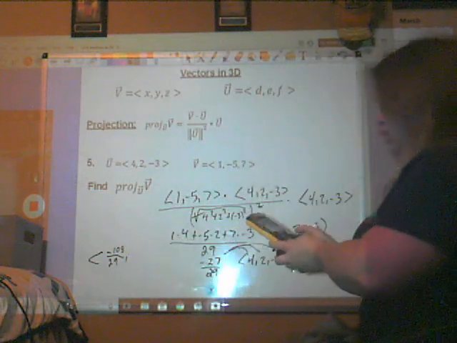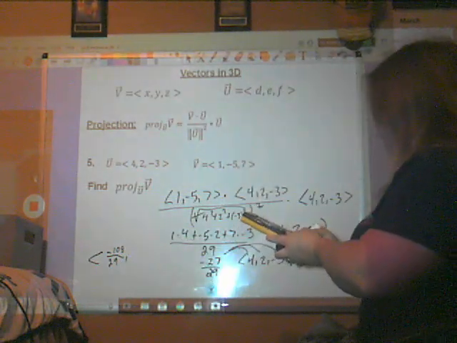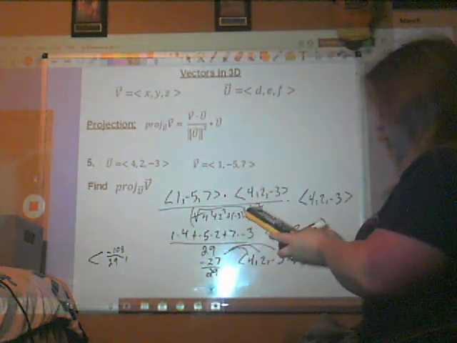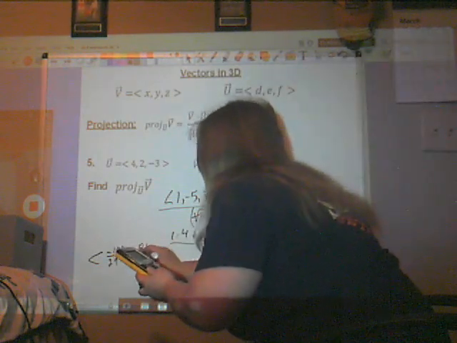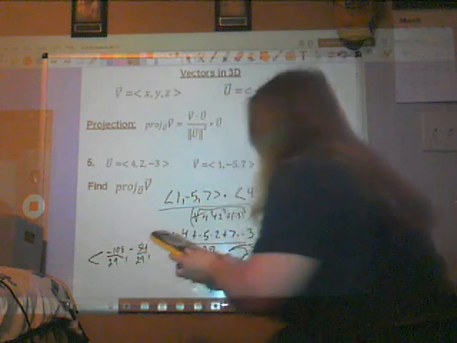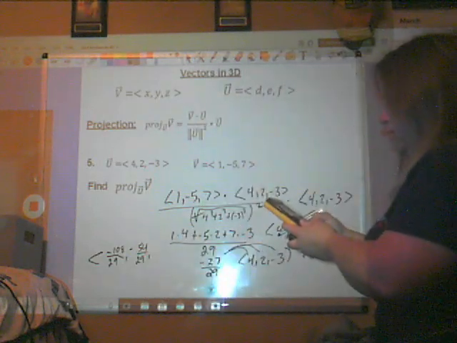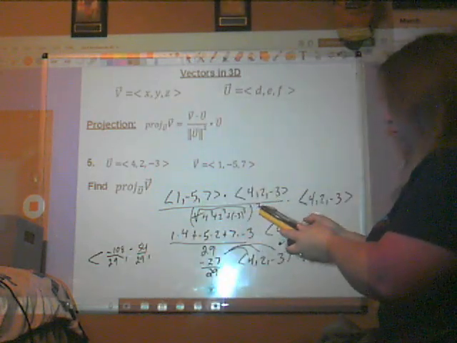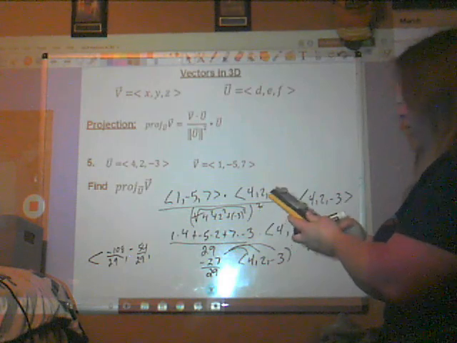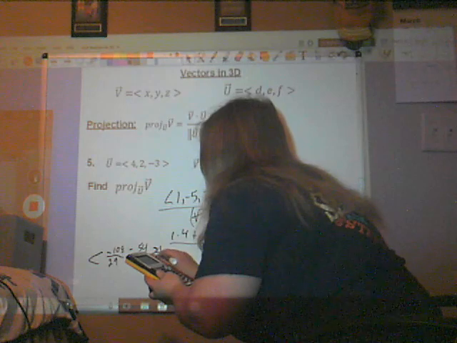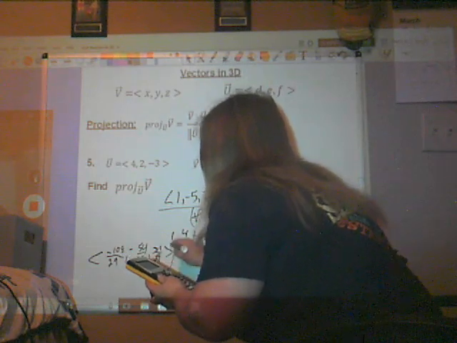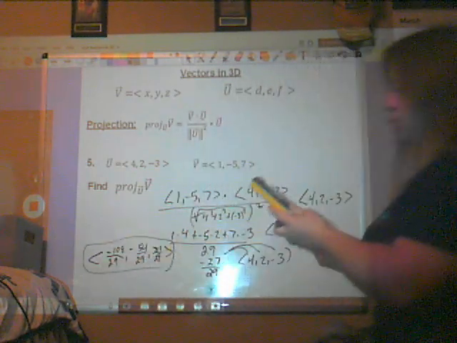And the next one, I'm going to do -27 over 29 times 2, which gives me -54 over 29. And then I'm going to do -27 over 29 times -3, which gives me 81 over 29. And that would be my answer.